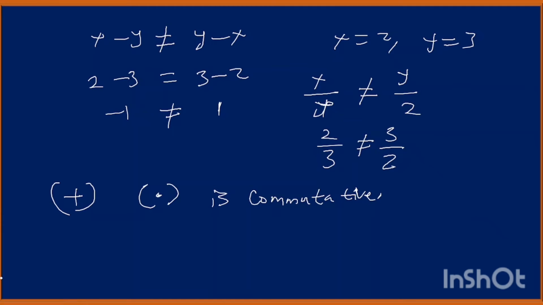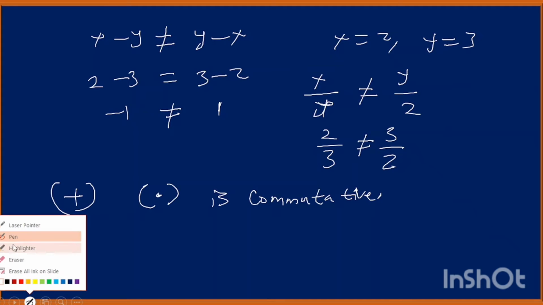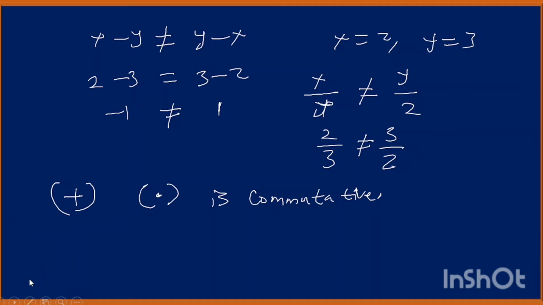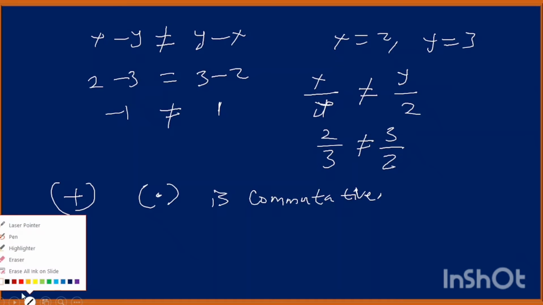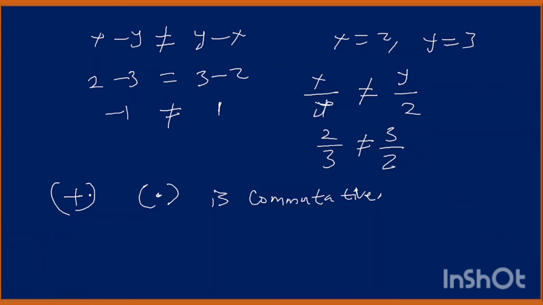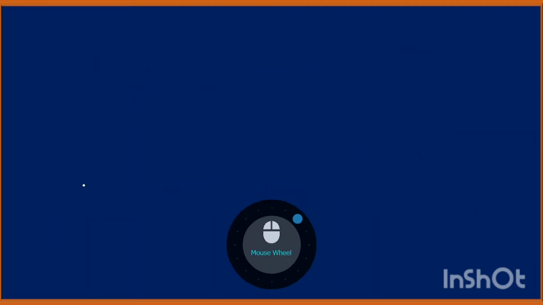Rule number 2 is called associativity. That is the second rule of algebra.